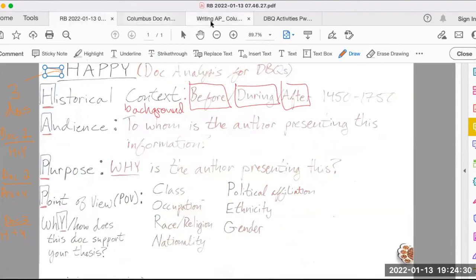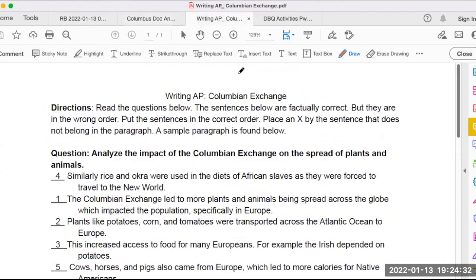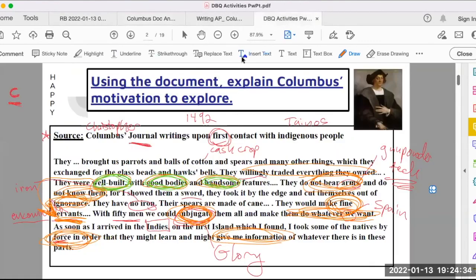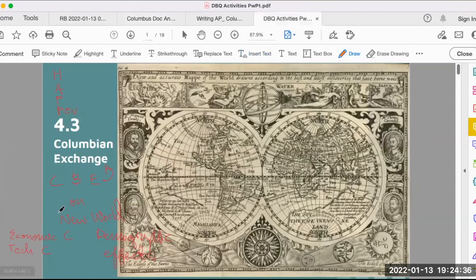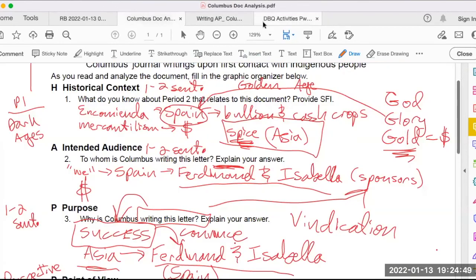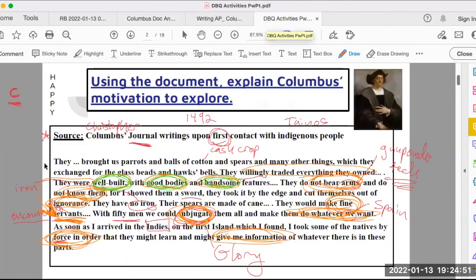Well, if my prompt at the beginning was causes and effects of European domination of the New World, well then I would categorize document 1 as a cause, right? Because we did that at the beginning when we said that this shows a cause of European domination.